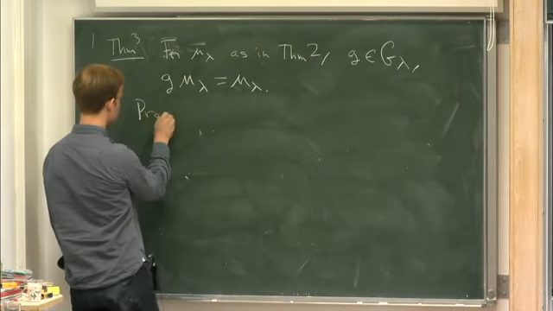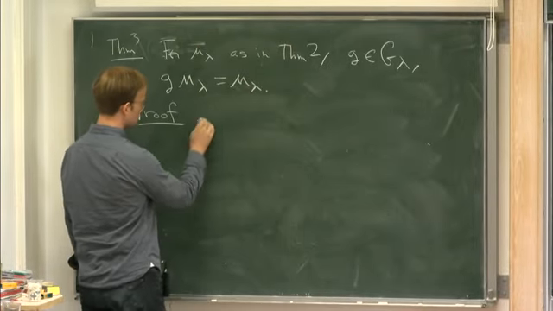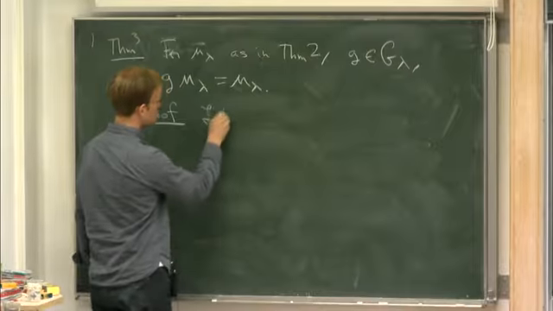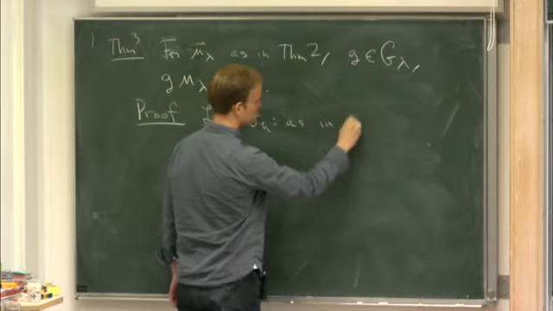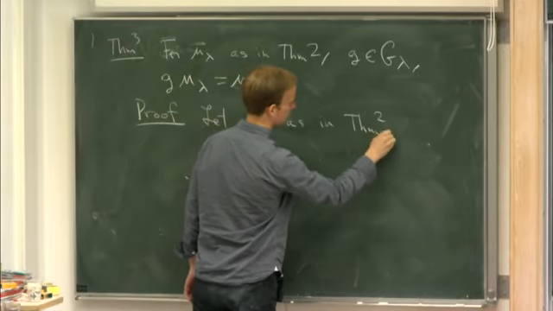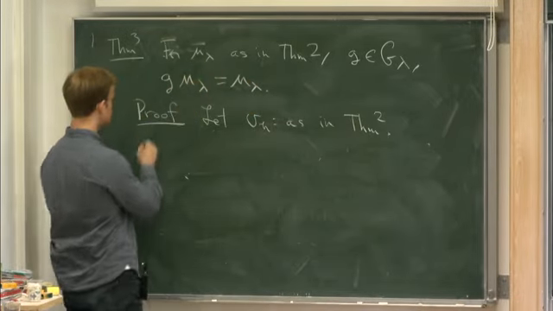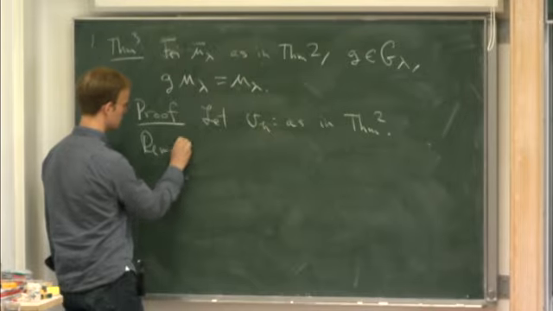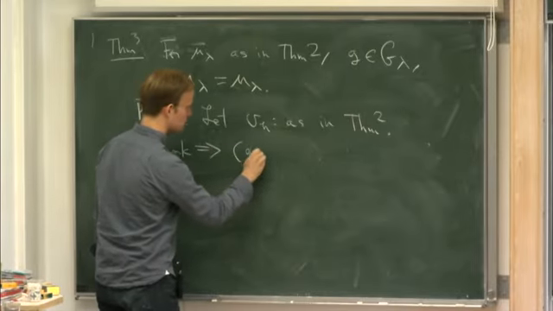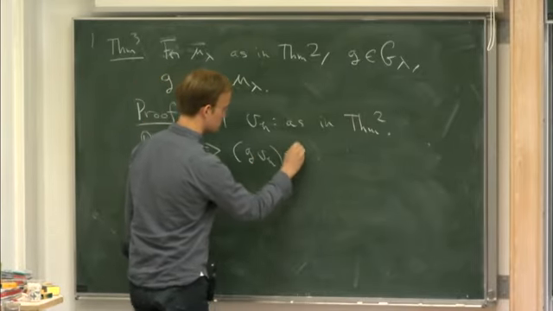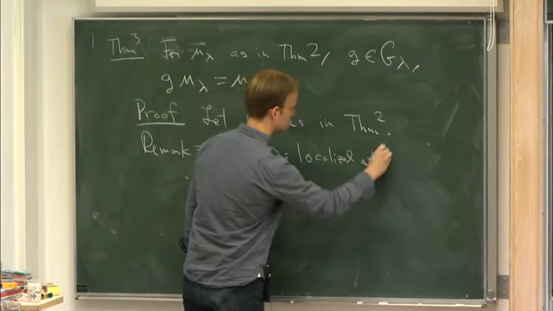So the proof is, let's let VH be as in Theorem 2. The important remark that I stated earlier implies that the sequence GVH is also localized at lambda.